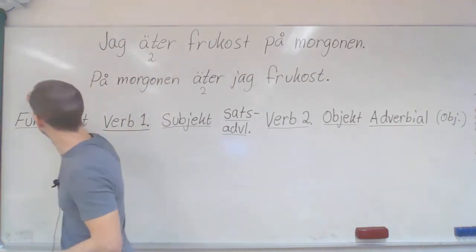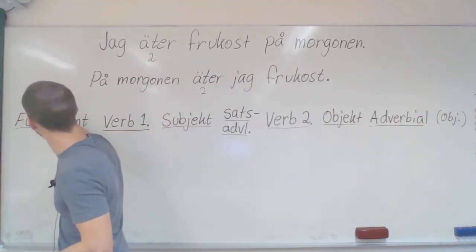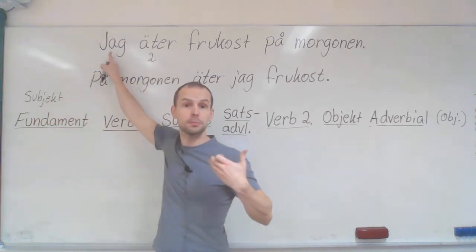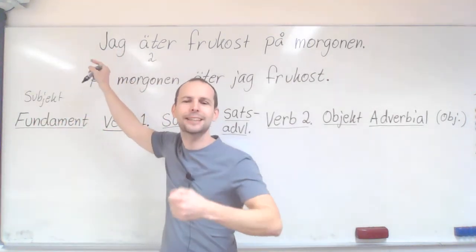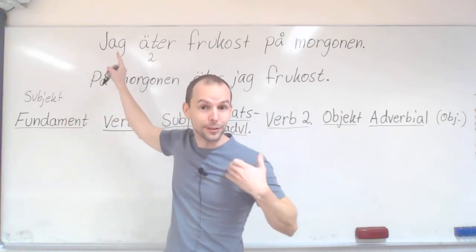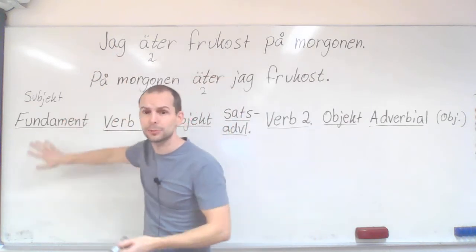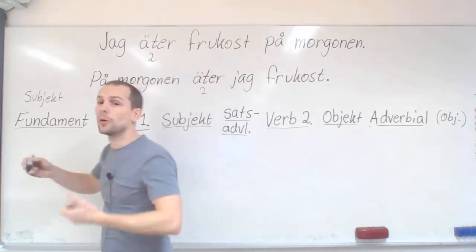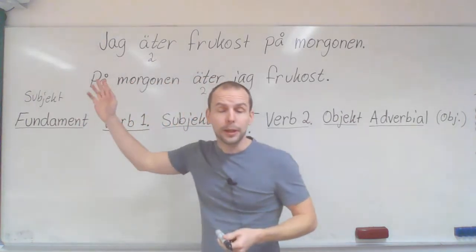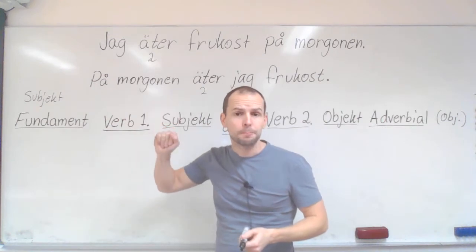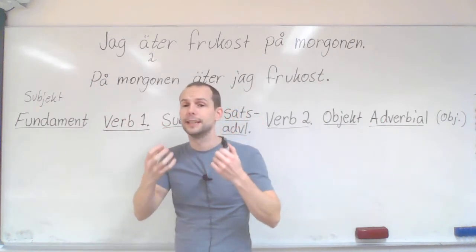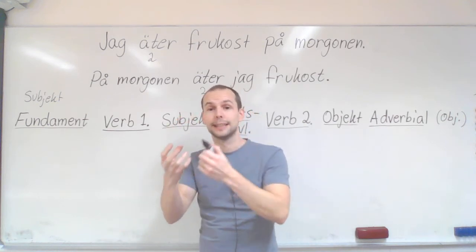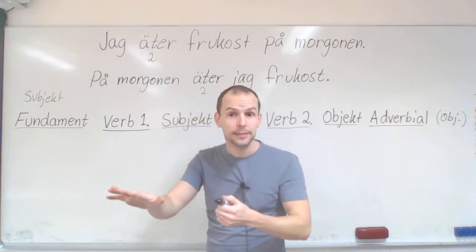So here we usually have subjekt, for example, jag. So we can start with jag here. And we also can use på morgonen, a word that indicates time. We can use a word that indicates place.